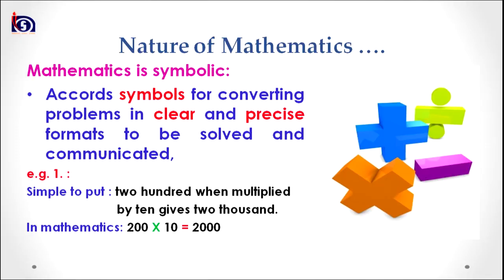When we convert it into a mathematical expression, 200 in numerals, with the multiplication symbol 10, with the symbol of equals to 2000. It makes the expression concise, more precise, more communicable and more comprehensible. Look at example 2 on your screen.